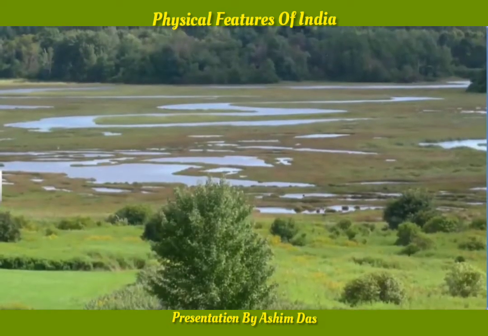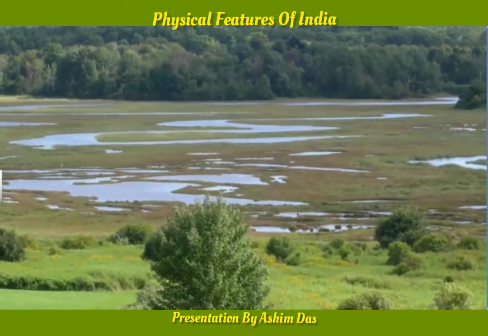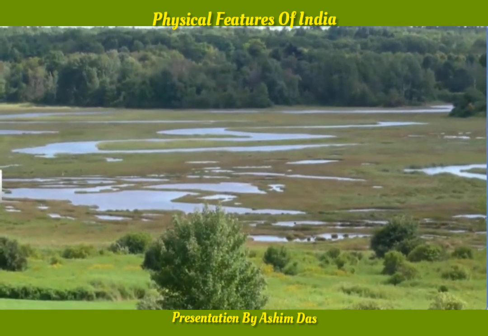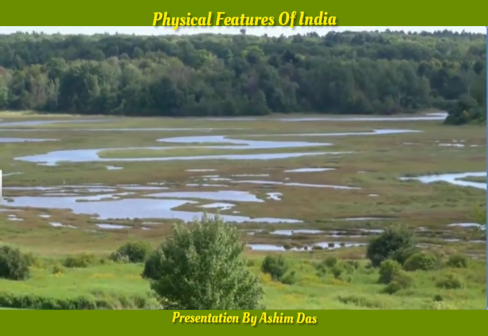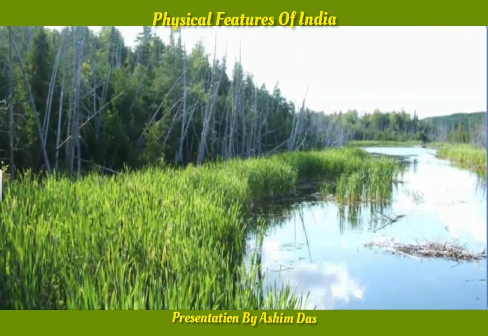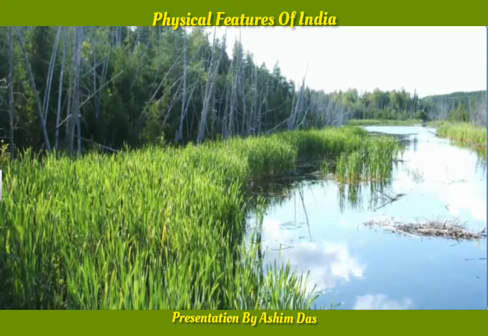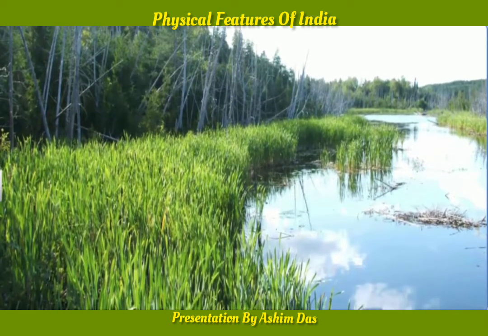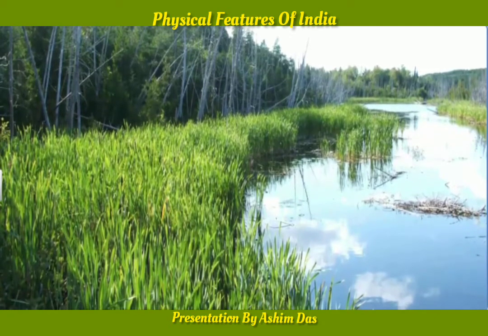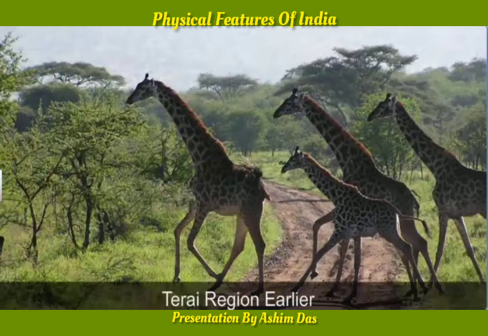The Terai region consists of wet, swampy, and marshy land. The high water table creates a lot of springs and wetlands in this region. Earlier, the Terai region was thickly forested and abundant with wildlife.